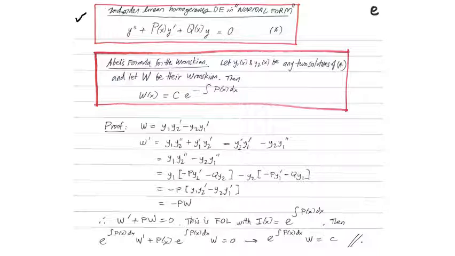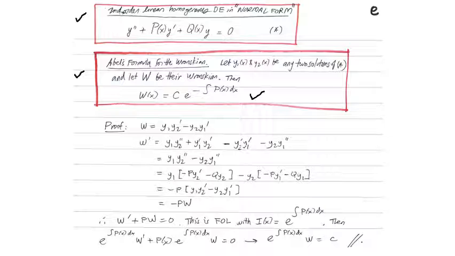The connection that we need is in a formula due to Abel, Abel's formula for the Wronskian, stated here. If y1 and y2 are any two solutions of your DE in normal form and W is their Wronskian, then W is always equal to this expression in terms of big P of x, the coefficient of y prime in the DE in normal form.